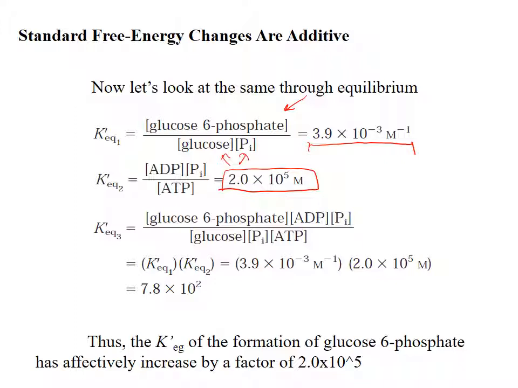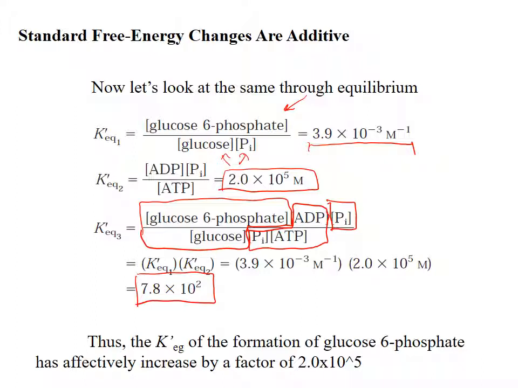Let's see, this right here in addition to this, and this right here in addition to that. So as you can see, it's basically multiplying the two together, and we get 7.8 times 10 to the minus 10 to 2 molar.